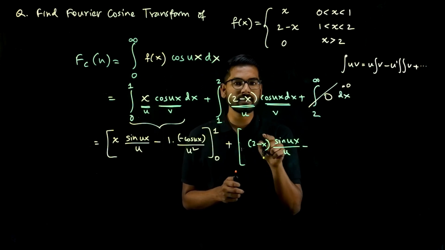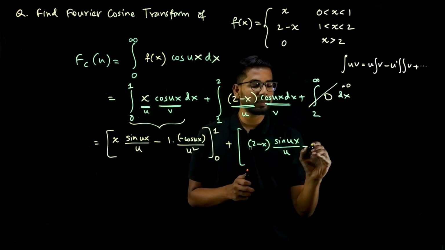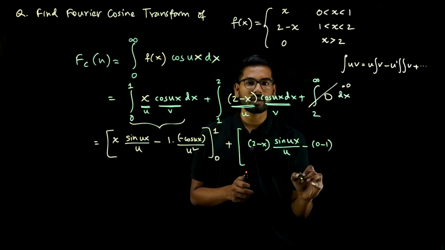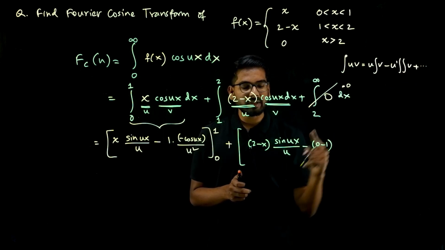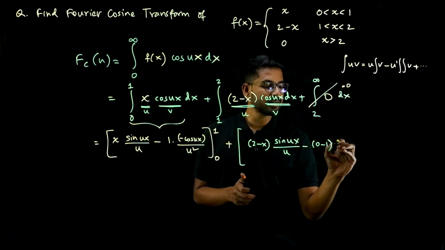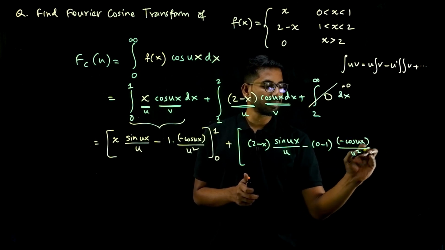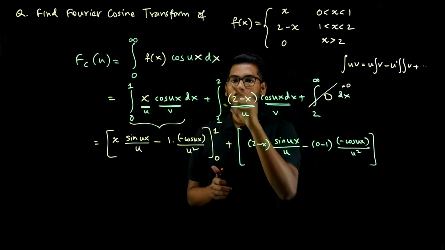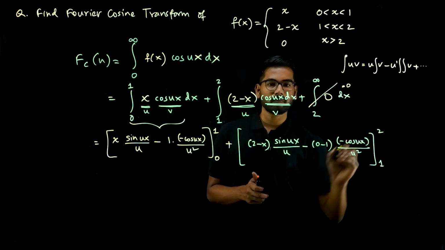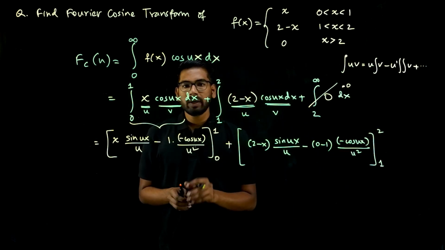So that is 0 minus the differentiation of x, which is 1, so 0 minus 1, times the integration of v, the integration of sin ux by u, which is minus cos ux by u square. And this is from 1 to 2. So we have integrated.